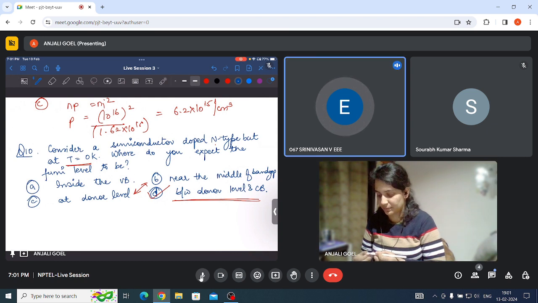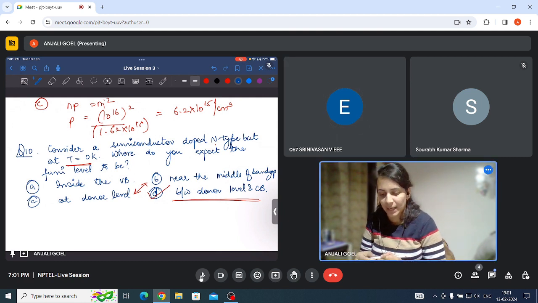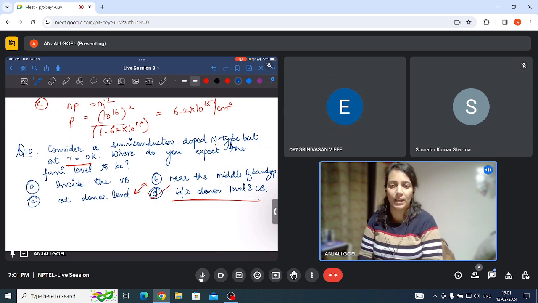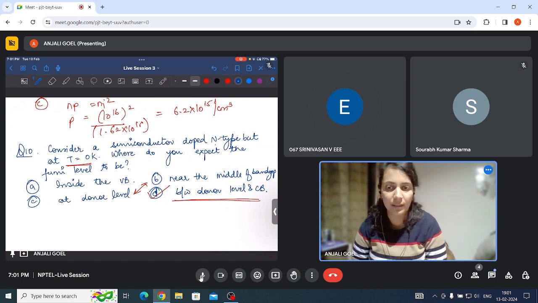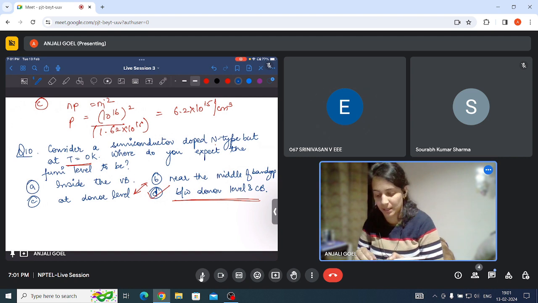Ma'am, if it's the middle of the band gap, then we can take EF equal to (EC plus EV) by 2, right? We can take it, I'm not denying it, but the most appropriate option would be between the donor level and the conduction band.